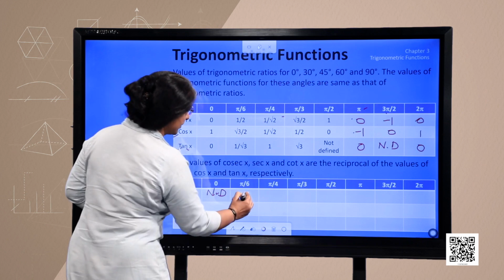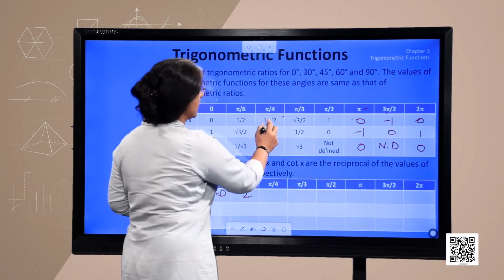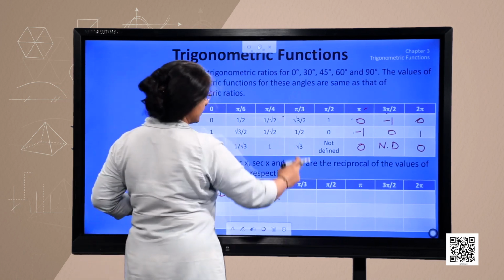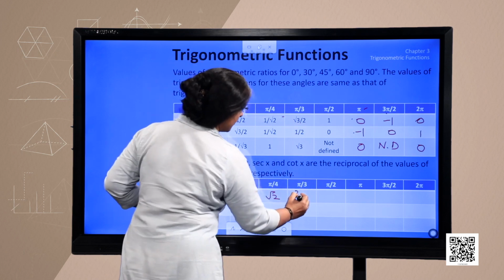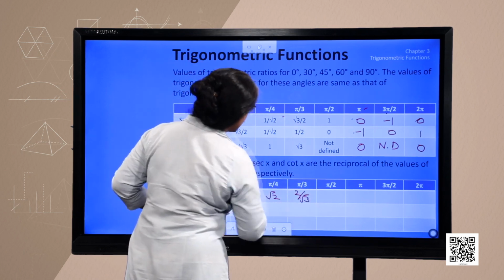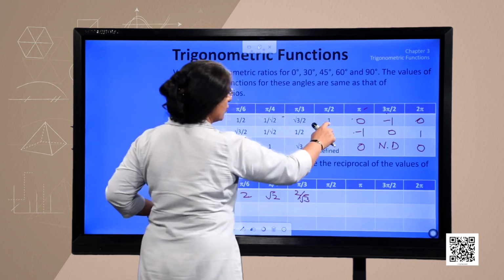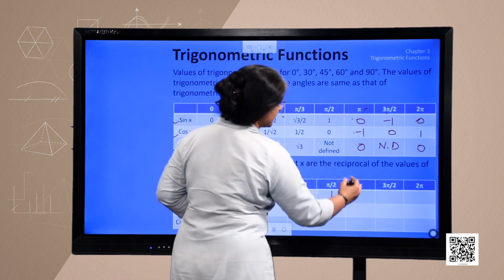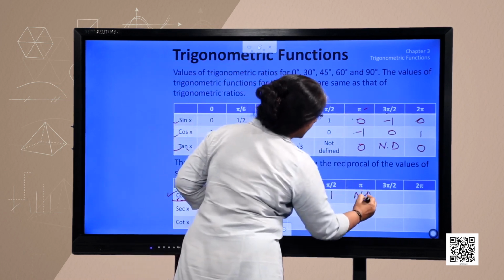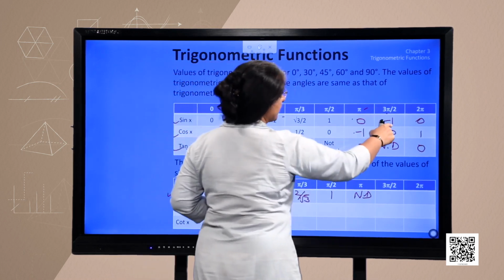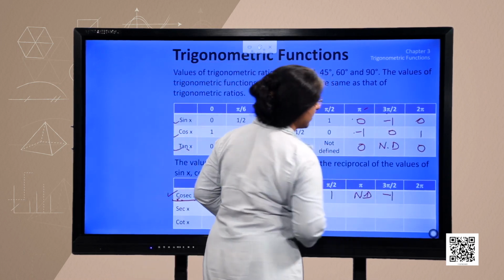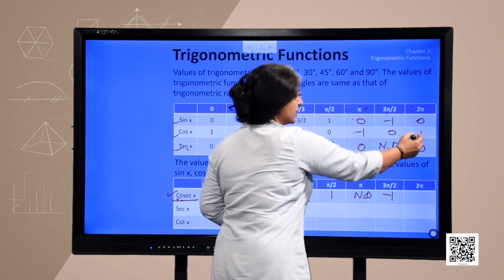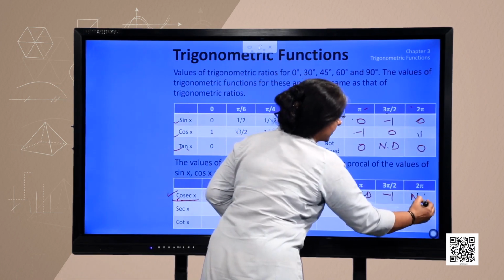Reciprocal of 1 by 2 is 2, and reciprocal of 1 upon root 2 is root 2, and for cosec pi by 3 we will write the reciprocal of root 3 by 2, which is 2 upon root 3. For cosec pi by 2 we find the reciprocal of 1, and for cosec pi, reciprocal of 0 again not defined. For cosec 3 pi by 2, reciprocal of minus 1 will remain minus 1 only, and for cosec 2 pi, reciprocal of 0 again not defined.